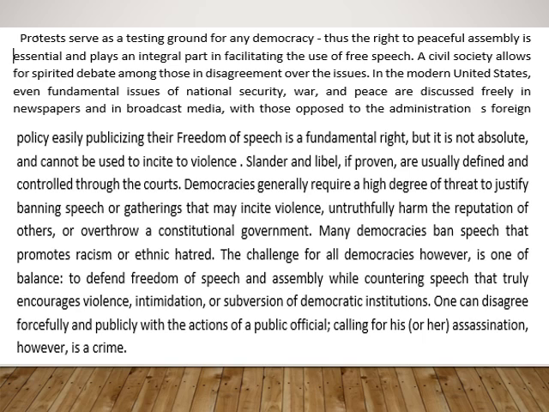Civil society allows separate groups to build and participate in debates, and disagreement over certain issues, policies, or implementations by the government. In the modern United States, for example, even fundamental issues of national security, war, peace, and economic issues are discussed freely in newspapers, in media, in social media, with those opposed to the idea or concept.